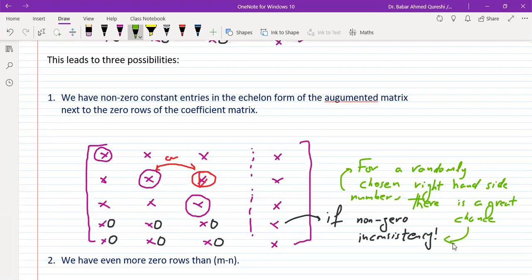So this is the reason that if you have an overdetermined system, unless something special happens to the right hand side, you will encounter inconsistency.